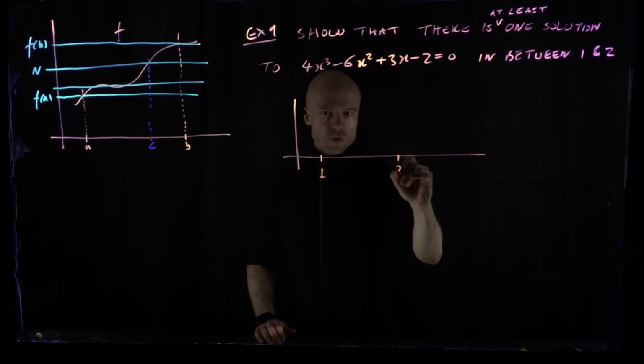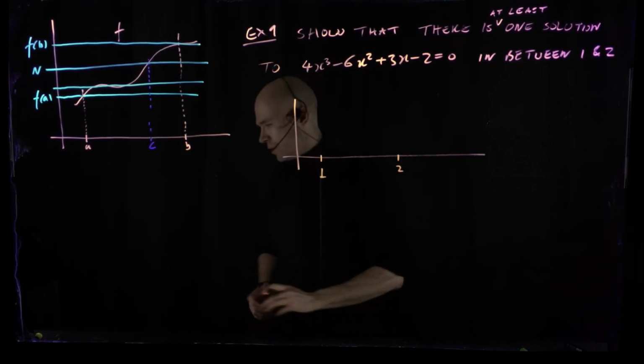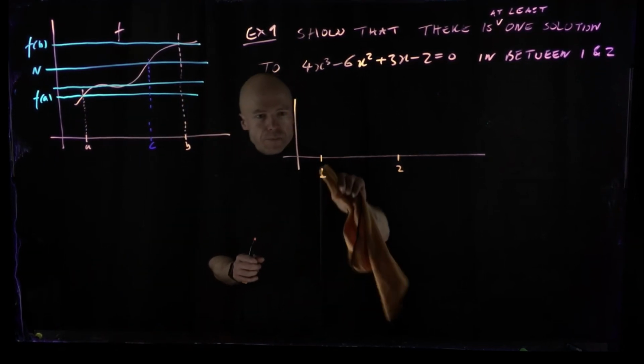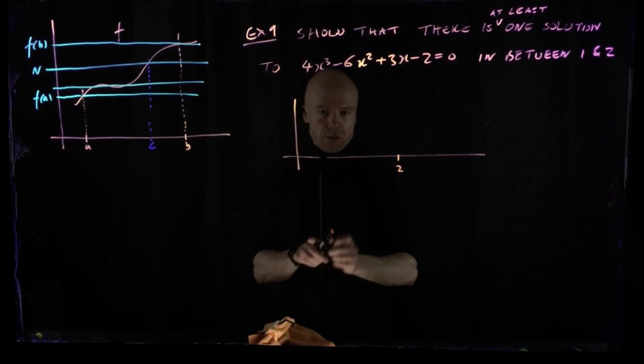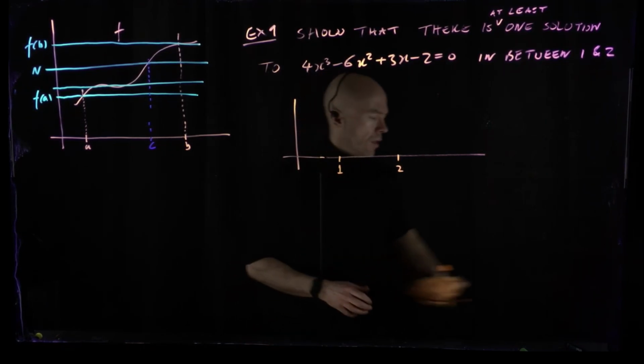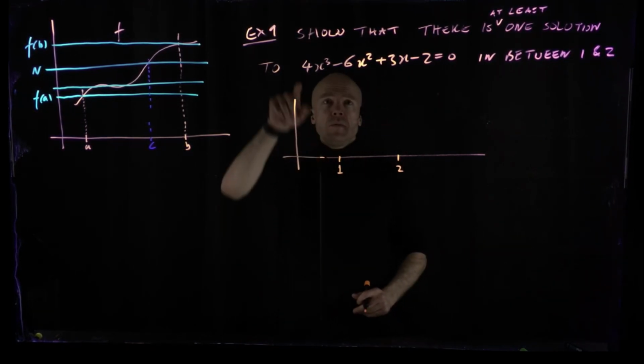Right? This is 1. That's not a very good 1 to 2. Let's do that again. It's definitely not at scale. So this is 1 to 2. And what does it mean for there to be a solution?